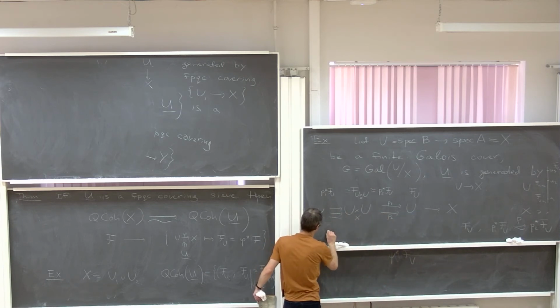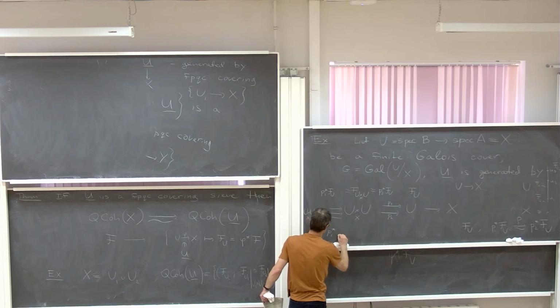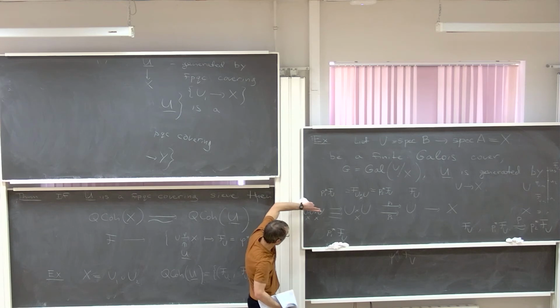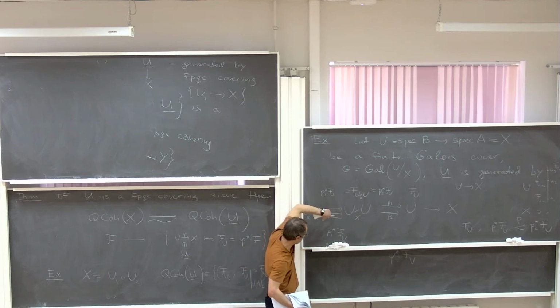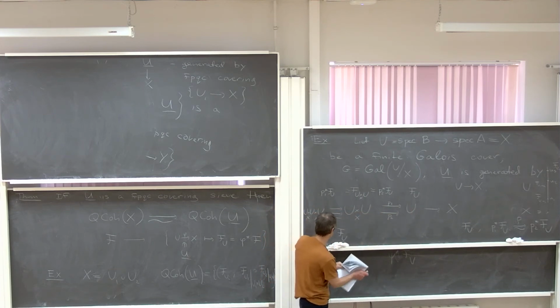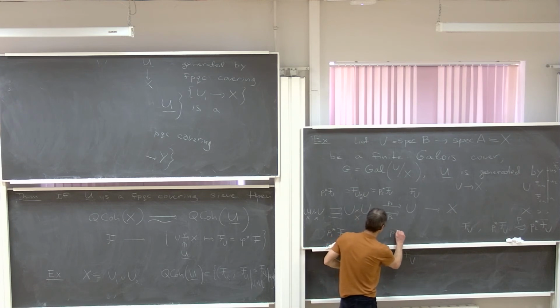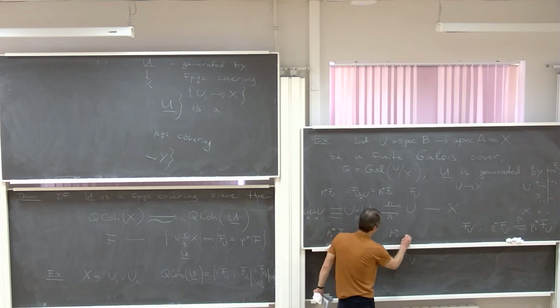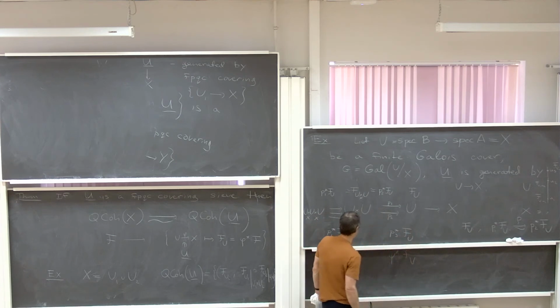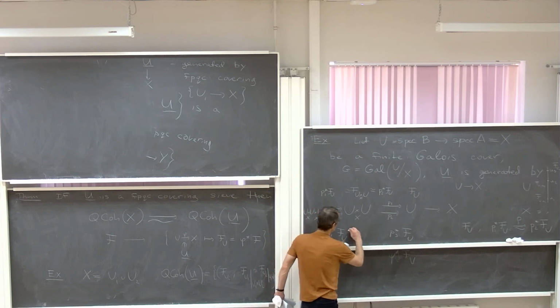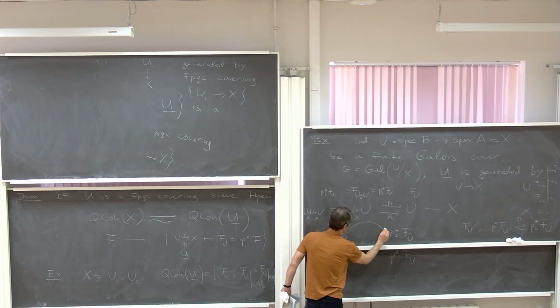One sheaf will be P1 upper star of F_U. Here P1 stands for the projection from this to U, just the projection to the first coordinate. And here I have P3 upper star of F_U. Now I claim that these two sheaves are isomorphic in two ways.